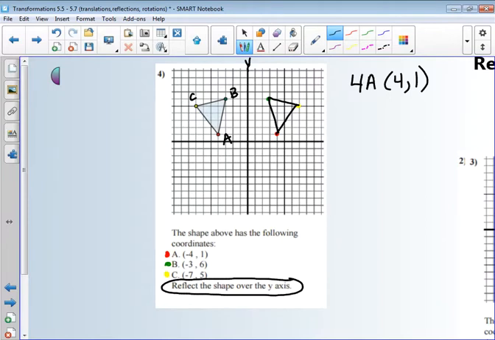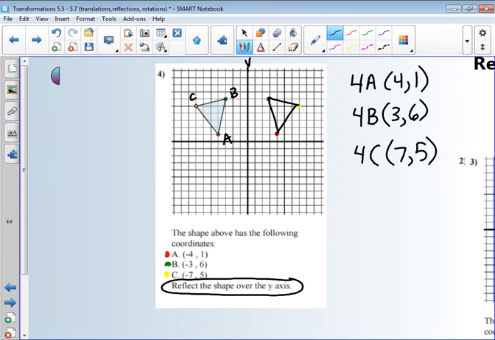Okay, for my B, which is the green one up here, for 4B, the coordinates are over to 3, up to 6, and then for C, looks like we had to go over to 7 and up to 5.